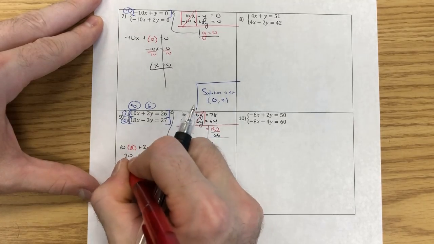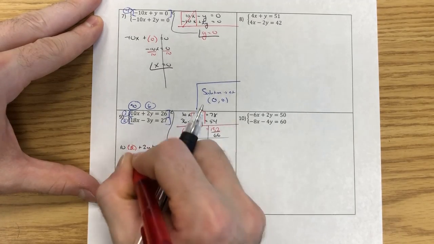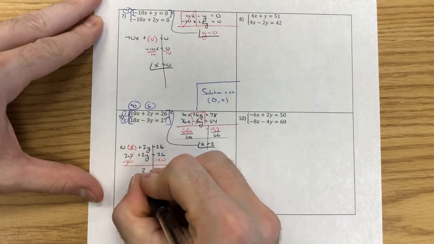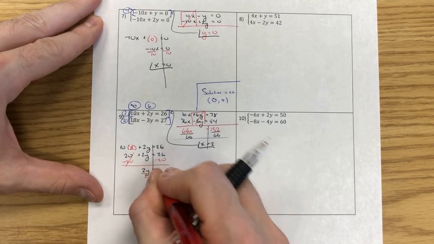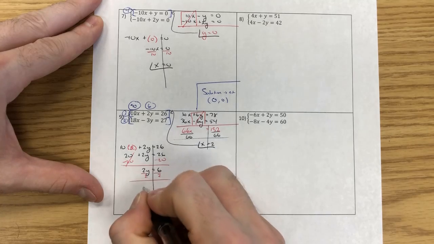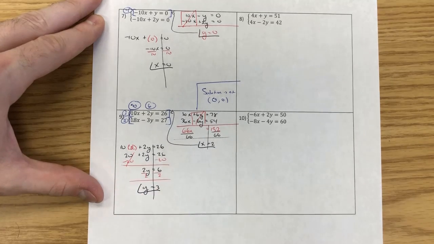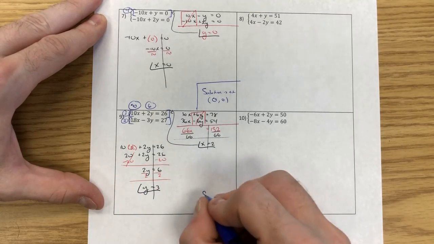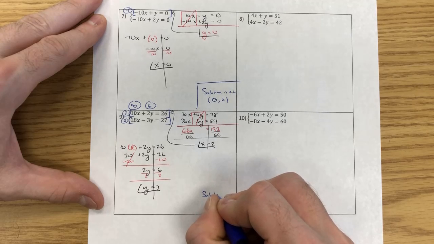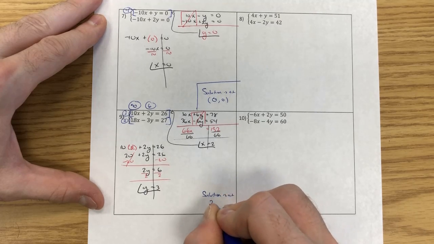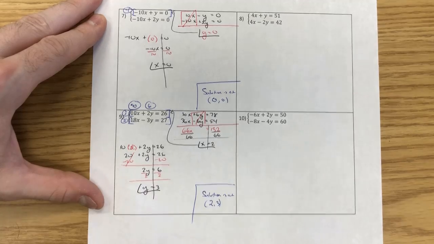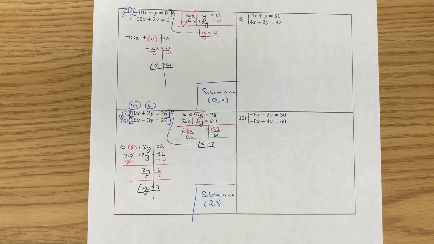I'm going to subtract my 20. 2y is 6. I'm going to divide by 2. And so I get y is equal to 3. And so my solution for this last one is at 2, 3. And there we go.